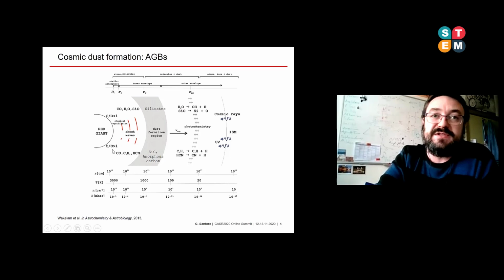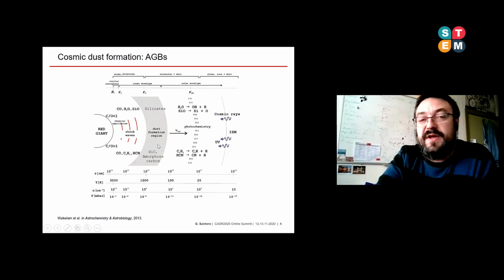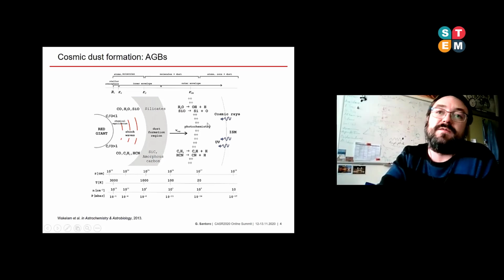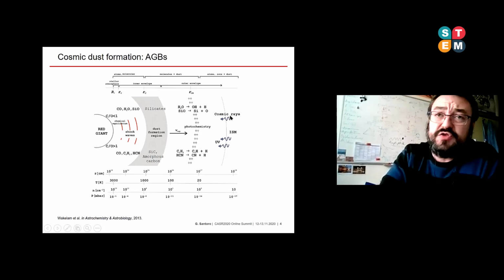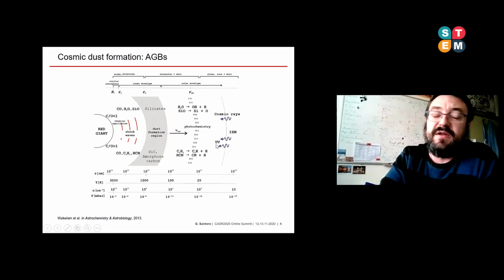Whereas in carbon-rich stars, meaning that carbon is in excess of oxygen, the material is basically carbides and some kind of carbonaceous material. All this material, the molecules and the dust, continue their expansion towards the interstellar medium and the outer envelopes of these stars. Cosmic rays from the galaxy and ultraviolet photons can penetrate, and then a different chemistry starts that is mainly driven by photochemistry.